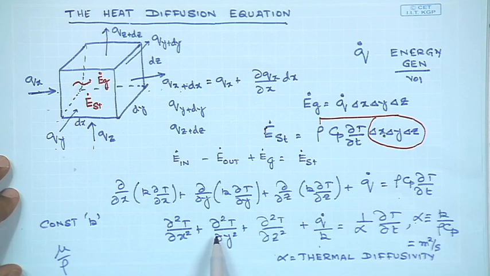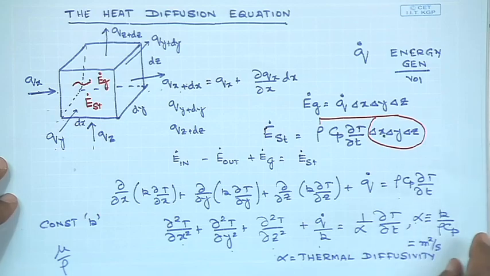So, this is the equation you would get for only conductive transport of heat, where the temperature can vary in x, y and z direction. This is the heat generated per unit volume, and the entire thing is the total amount of energy stored or lost in the control volume per unit volume.